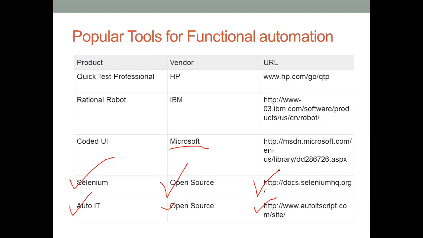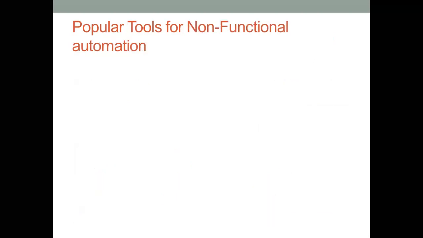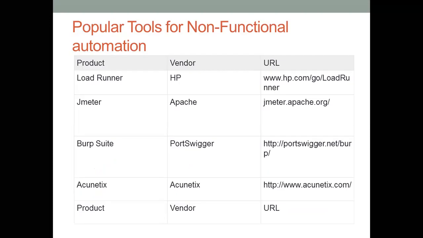So next we will see non-functional automation tools, which are popular. This is the table. Again, the top 5 non-functional automation tools are listed in the table. First one is the HP Load Runner.